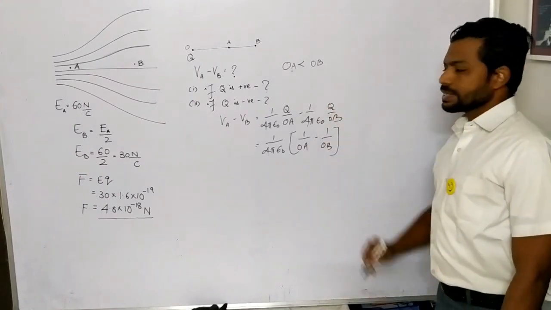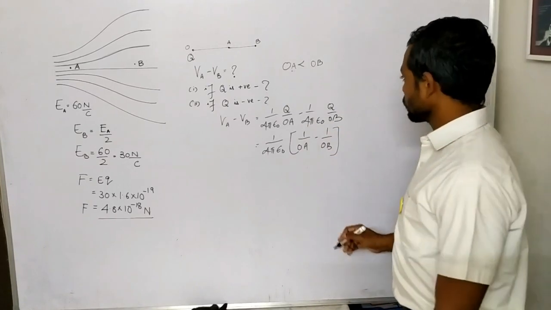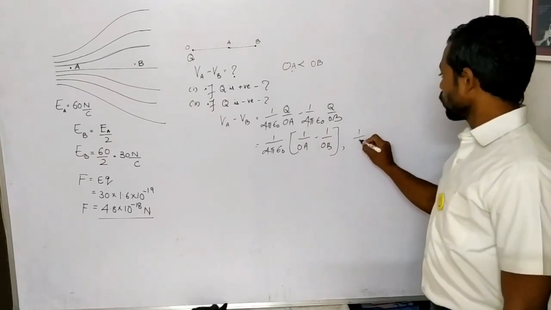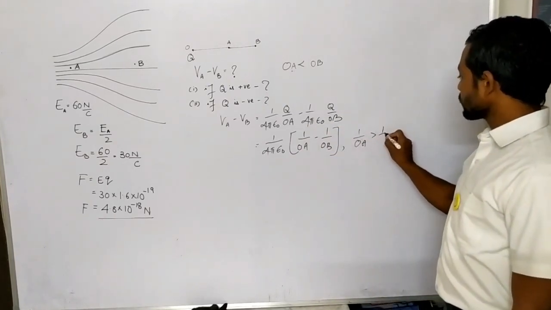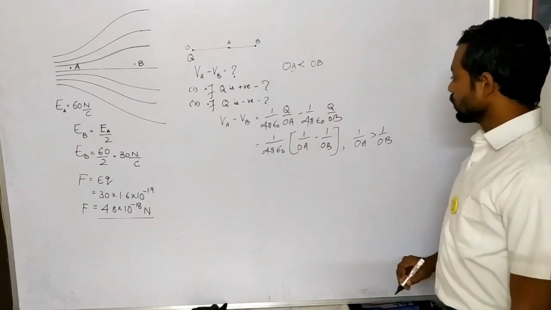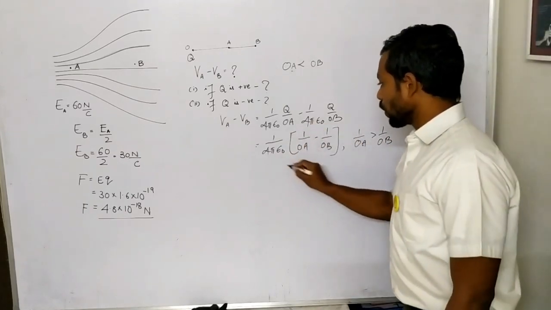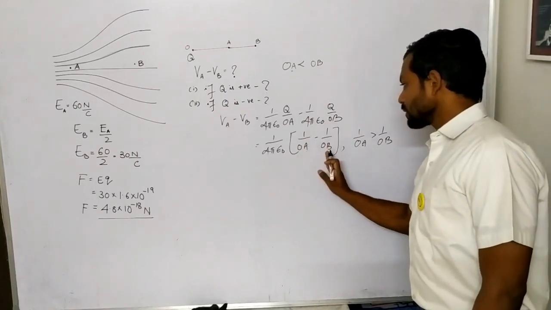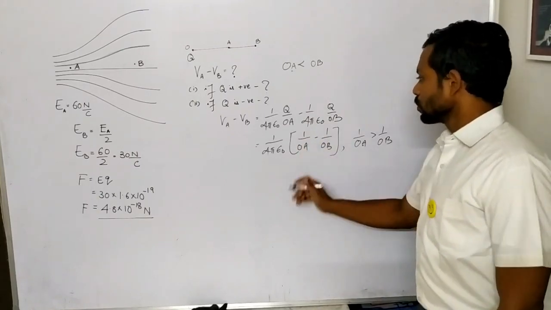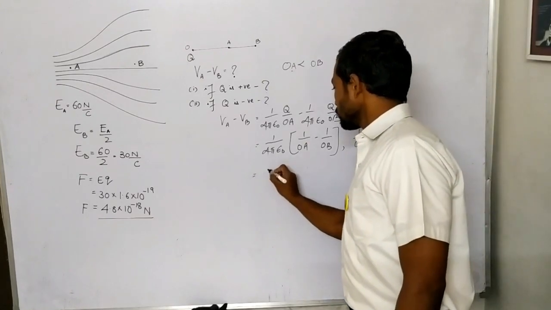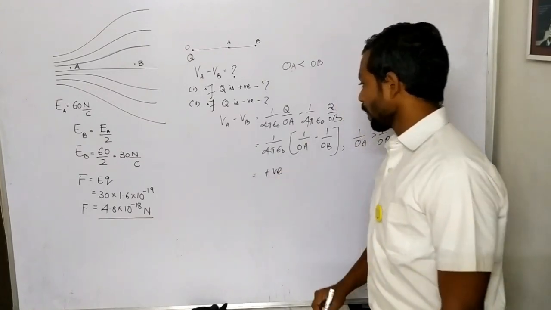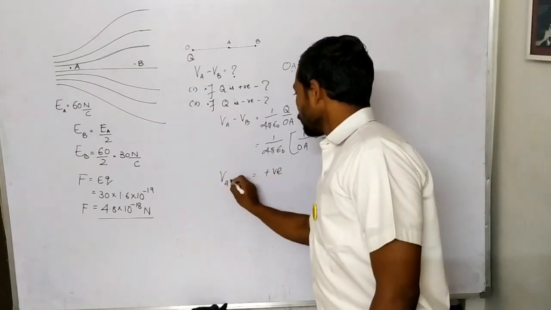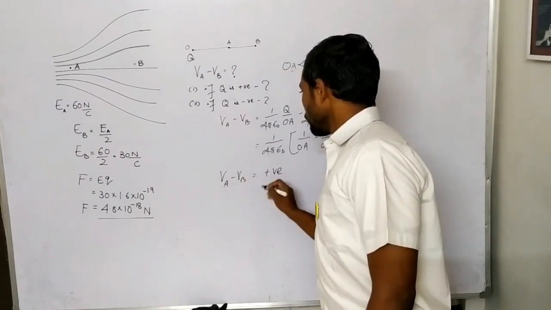Since OA is less than OB, 1 by OA is greater than 1 by OB, which means that this entire quantity is positive. So VA minus VB is positive.